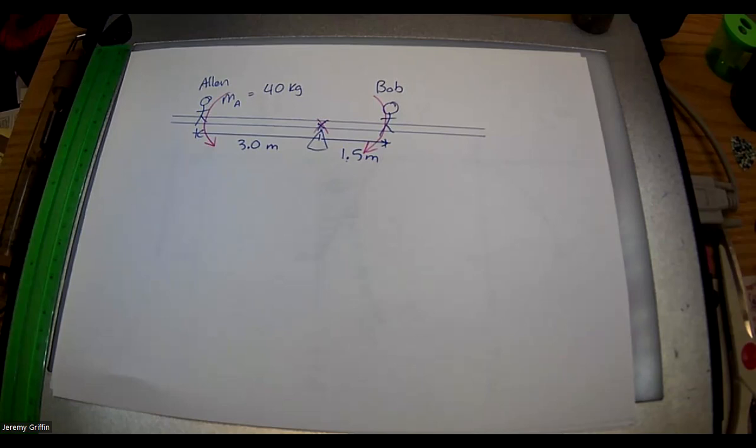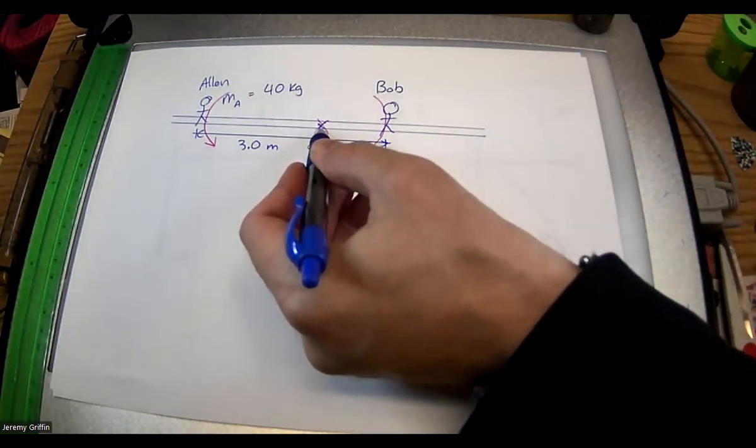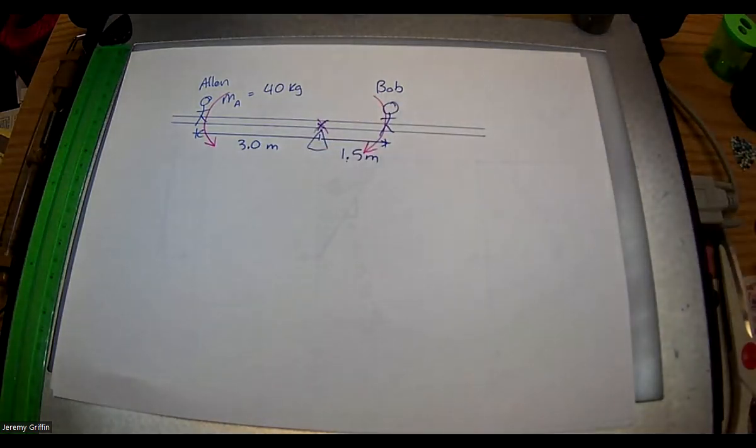So you guys know the principle here is that the torque zeroes out, right? So you guys treating this pivot as like the door hinge, right? And you guys know torque is R cross F, right? How massive is Bob? Who's gonna get this?